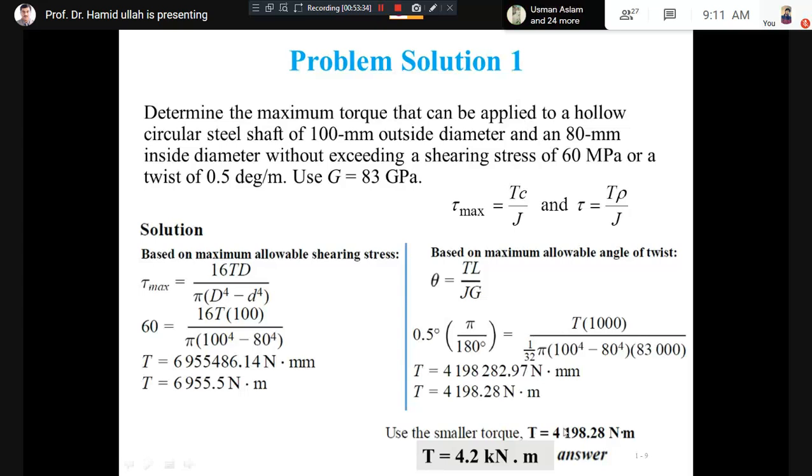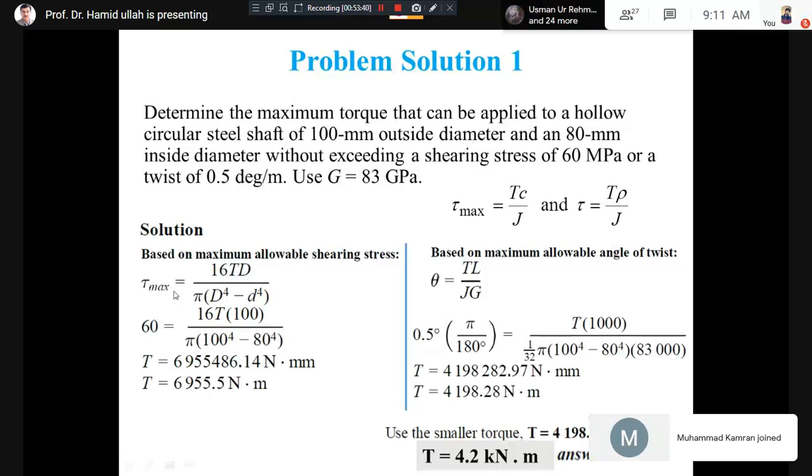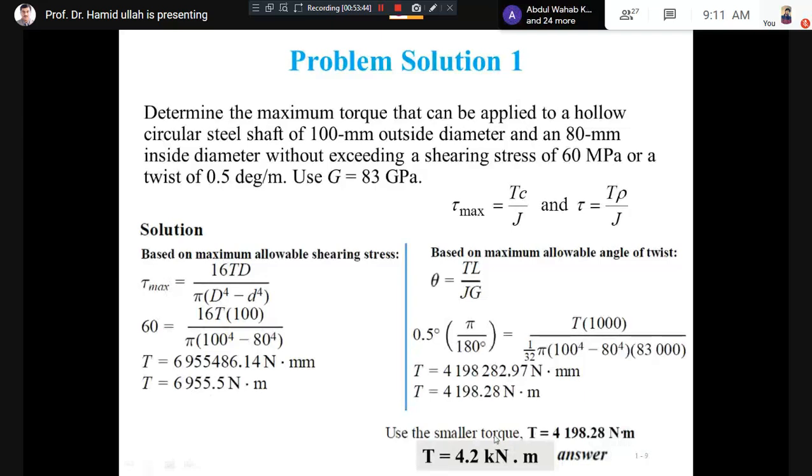This much load is okay with respect to maximum shear, but it is not okay because it is exceeding the value given by the angle of twist. So angle of twist could be maximum, okay.